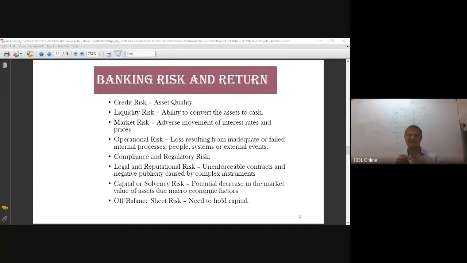Then also in banking, we have off-balance sheet risk. Now, in our balance sheet, I have only put current assets and fixed assets. Current assets are on-balance sheet items, but we can also make money through various fee income bases. Like, when we issue a letter of credit on behalf of a customer, we give assurance to a third party that when you perform, we undertake to pay.